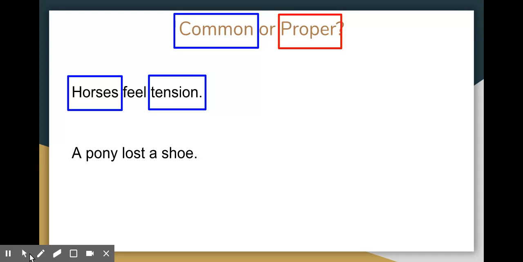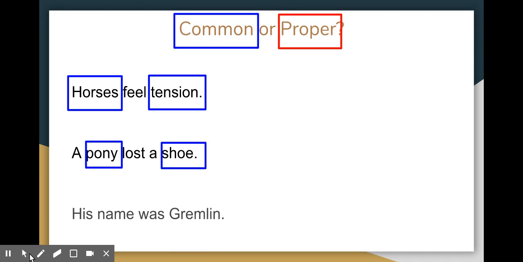What about this one? A pony lost a shoe. Go ahead and pause and try this. Okay, you should have a blue box around pony. It's a common noun, as well as shoe. Shoe is common. Try this one. His name was Gremlin. Go ahead and pause.